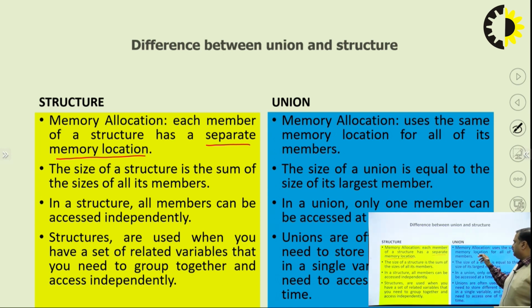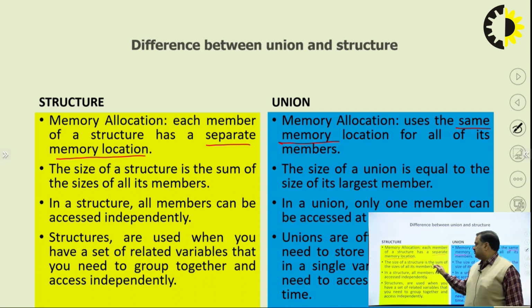But in case of union, the memory allocation is in the same memory. All the members are sharing that space. It is like having an office with only one chair: at a time only one owner will be sitting on that chair. The same thing is here. At a time only one variable will be valid or in force, which is the one given a value at the end.